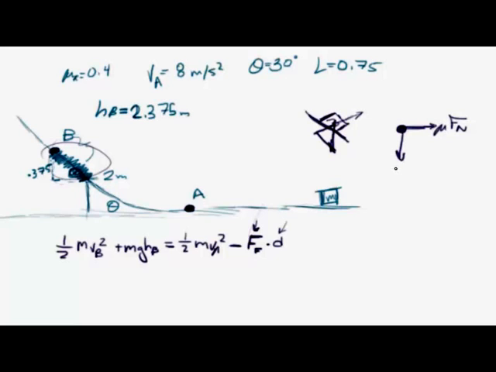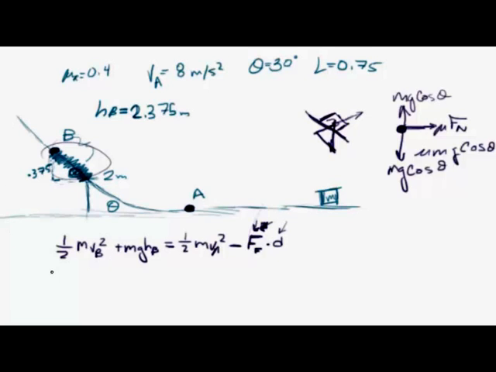The component of gravity would be mg cosine theta. The normal force would also be mg cosine theta. I think we've covered that a bunch of times, and if you don't get that, then we'll go over that later. So the force of friction is going to be mu m g cosine theta. That's going to plug in right here, the force of friction times distance.